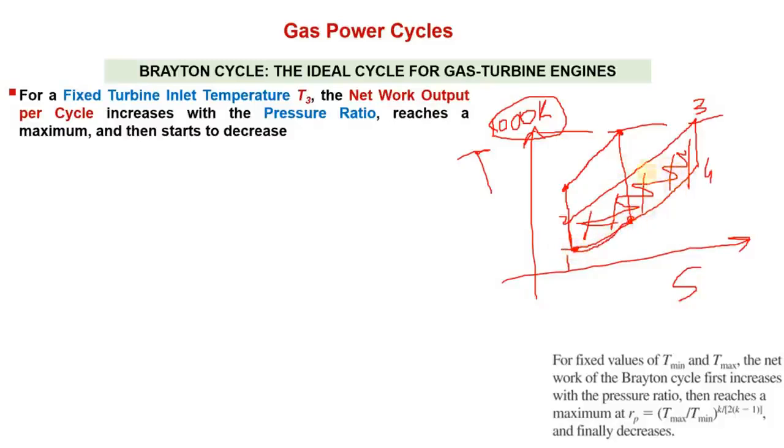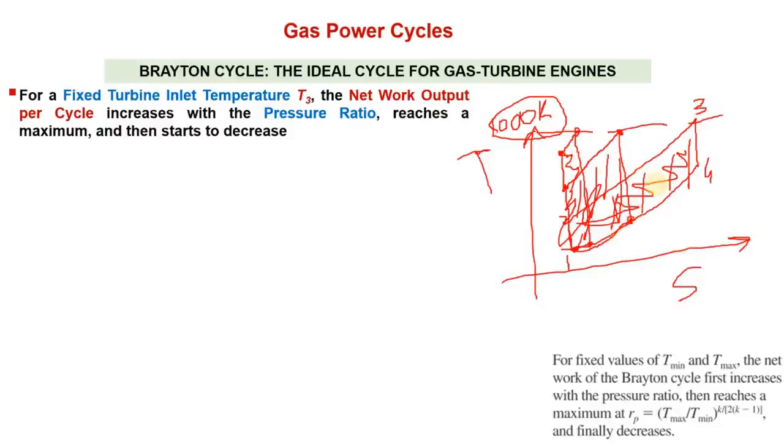So we would see, it is not drawn to scale, that this area will increase compared to this area. If you further increase this pressure ratio, for example, till this point, and then heating is only till this point, and then this is expansion in the turbine. So now this area becomes smaller.